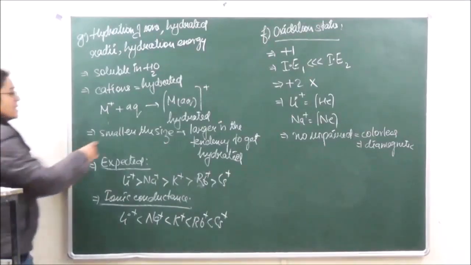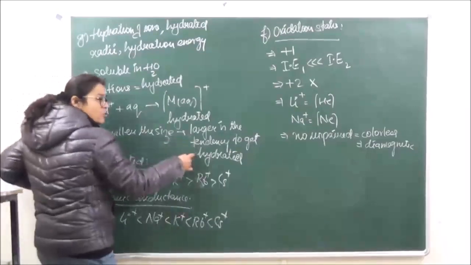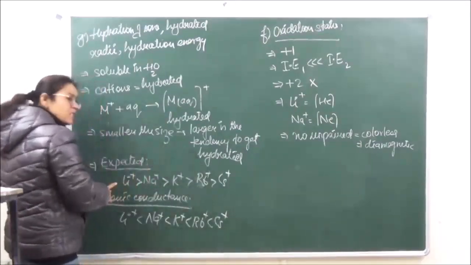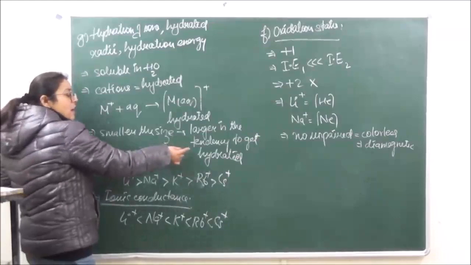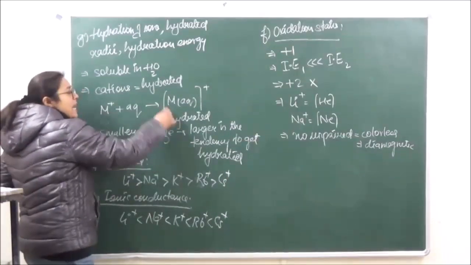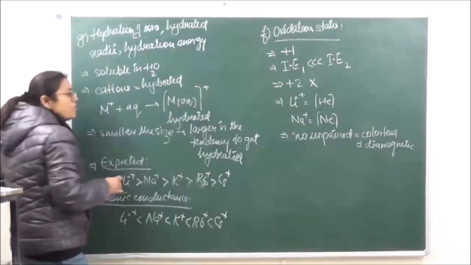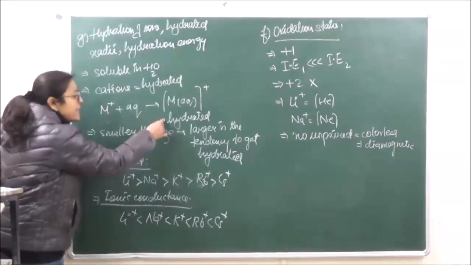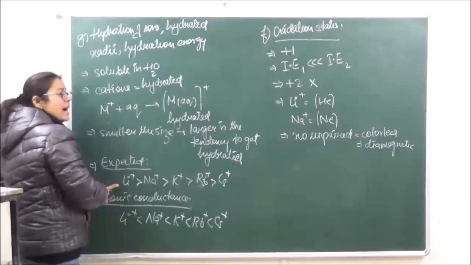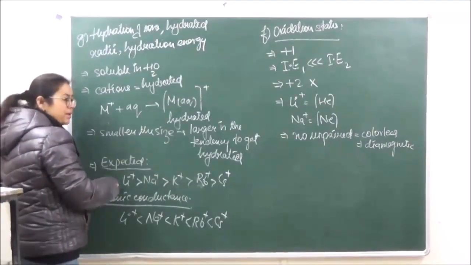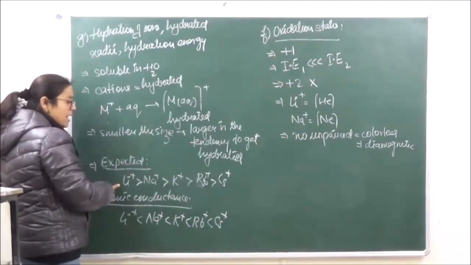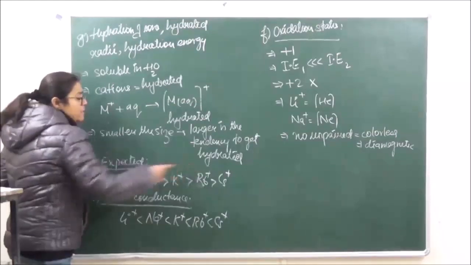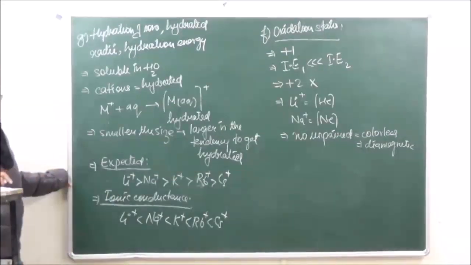Smaller the size, larger is the tendency to get hydrated. So lithium has the smallest size, it will have the largest tendency to get hydrated, as a result of which the radius of the hydrated ion is going to increase. Lithium hydrated is going to have the largest size and cesium hydrated the least size.